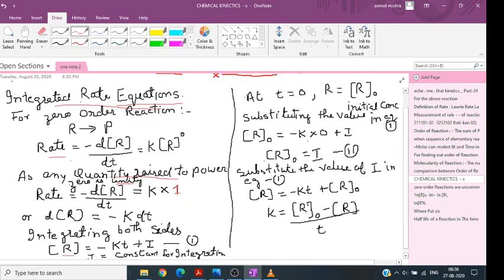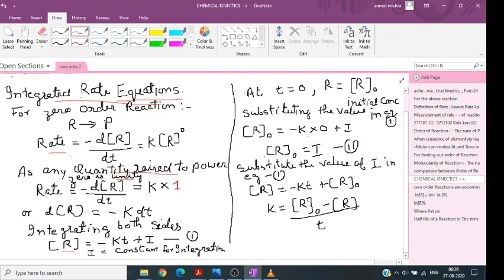Integrating both sides, we get the active mass of R is equal to minus kt plus I, where I is the constant of integration. When we take t is equal to 0 and R is equal to R0, this R0 represents the initial concentration of the reactant.